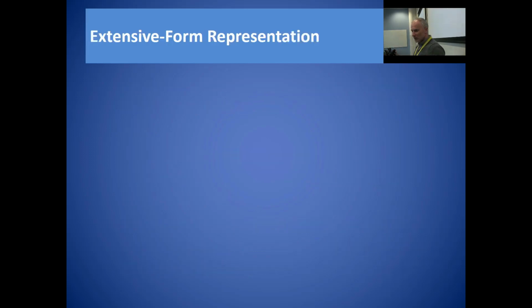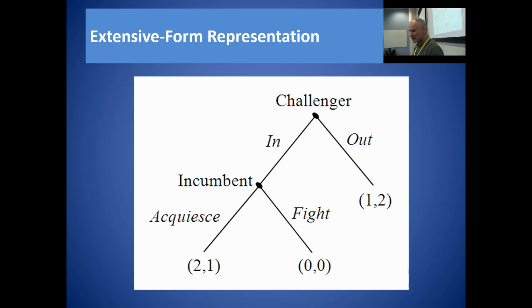Well, we are going to represent them, but we're not going to represent them in normal form, as we did with static games. Instead, what we're going to do is represent this dynamic game in what's called the extensive form representation, using this game tree that we've got here. Now, in these extensive form representation games, what we'll do is start right at the top here.